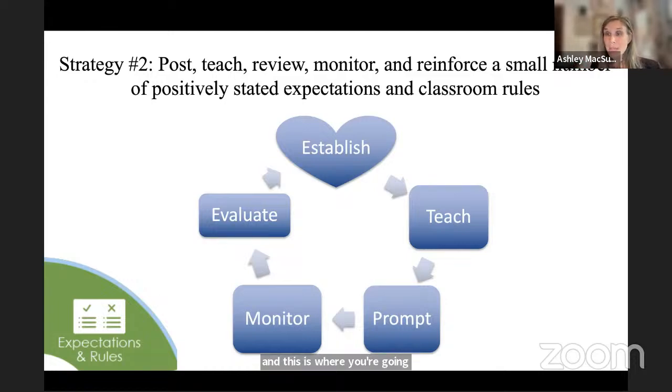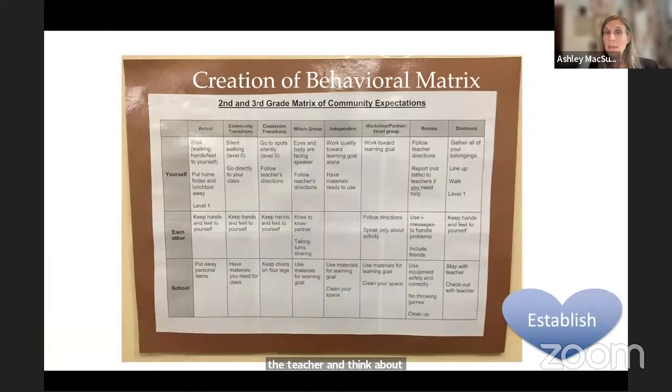If they can figure that out for most of the routines in their classroom and create a matrix, this is an example of one where we had a shared community space where all of the classrooms were open and didn't have doors. So we had the teachers work together because they also had the 2 grade levels together, 2 and 3, to create one. And even this I felt was too much, to be honest, but we edited it down quite a bit.